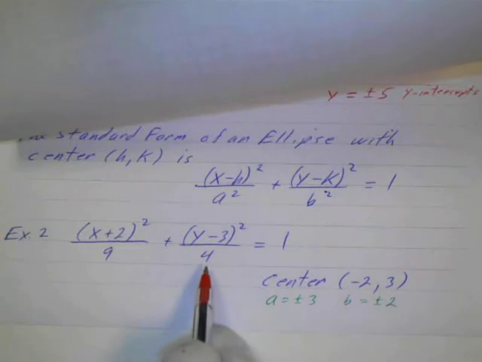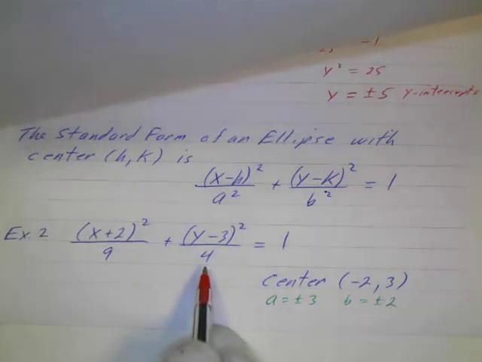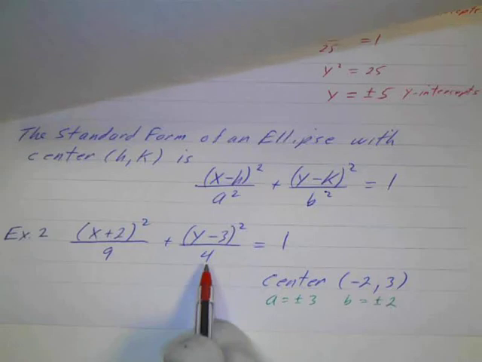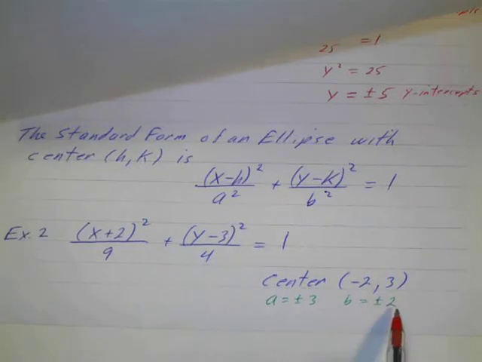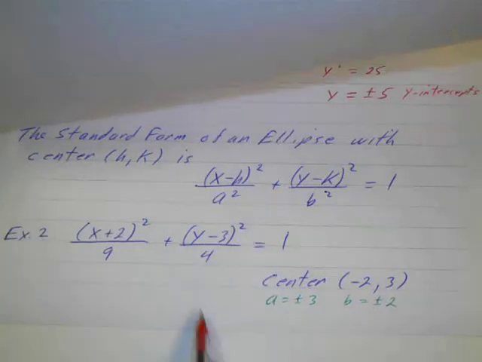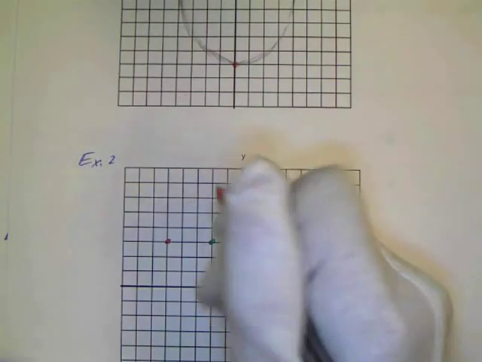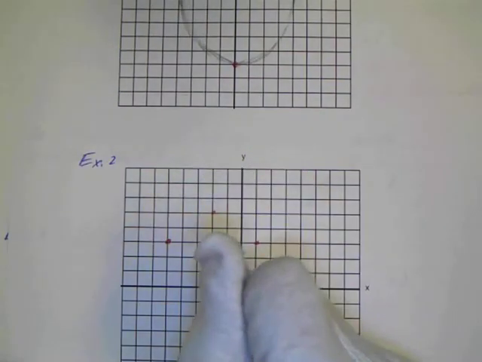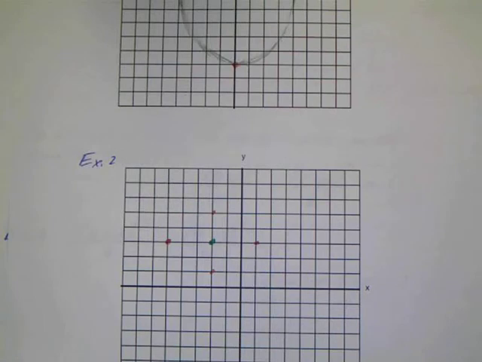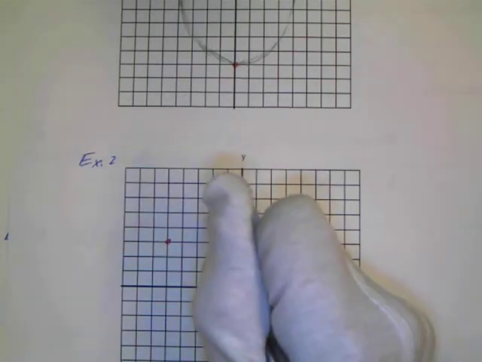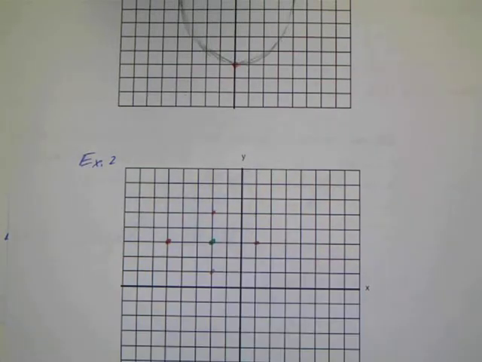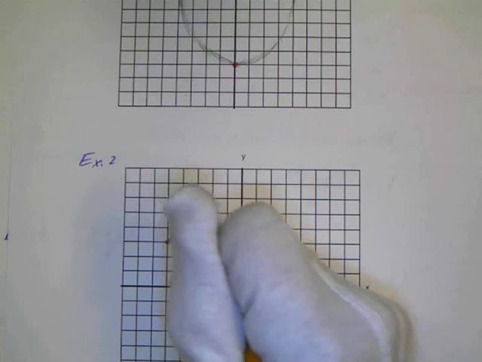And then the b is going to determine, in this case, the vertical axis. So that's going to be plus or minus 2. I just go plus or minus 2 above and below. And there we go. Those are your 4 points, sometimes we call these vertices. And we just connect these.